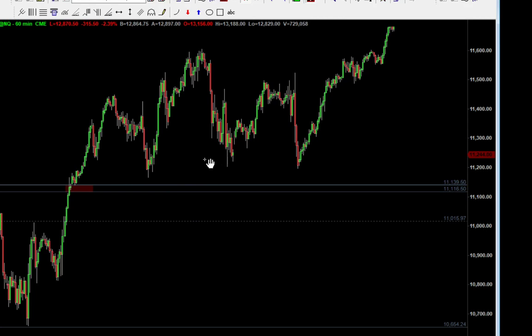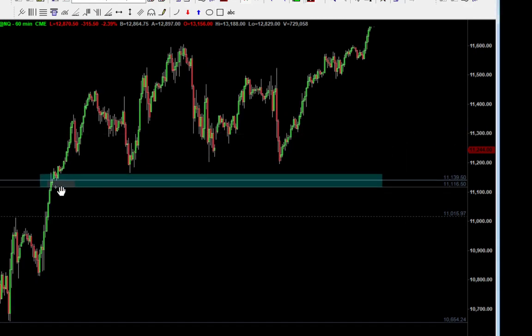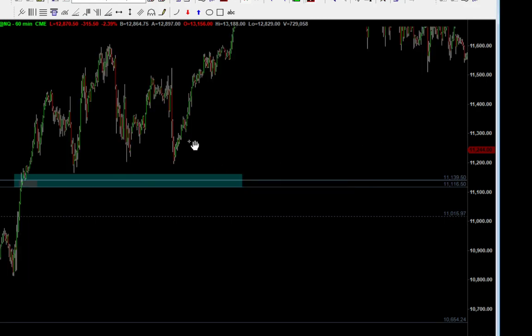So you could argue that we could take longs from the distal line on the lower time frames, all the way to the break of that range. Anywhere in there, we should be all right.